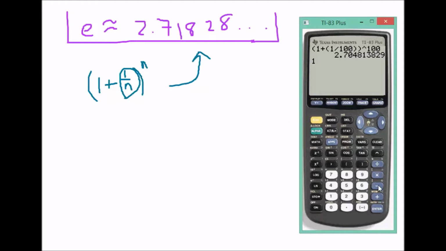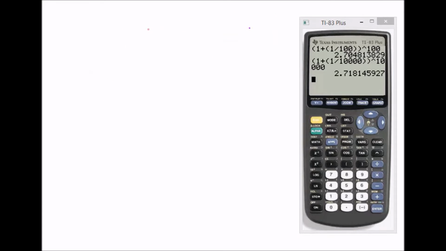All right, we're going to do 1 plus 1 divided by 10,000, close them both, to the 10,000th power, and we get 2.718, and the higher number we choose, it's just going to get closer and closer to this value. So we just need to think of e as a variable, but it has a secret identity of being approximately 2.7182 repeated. Or irrational, it just keeps on going over and over and over.